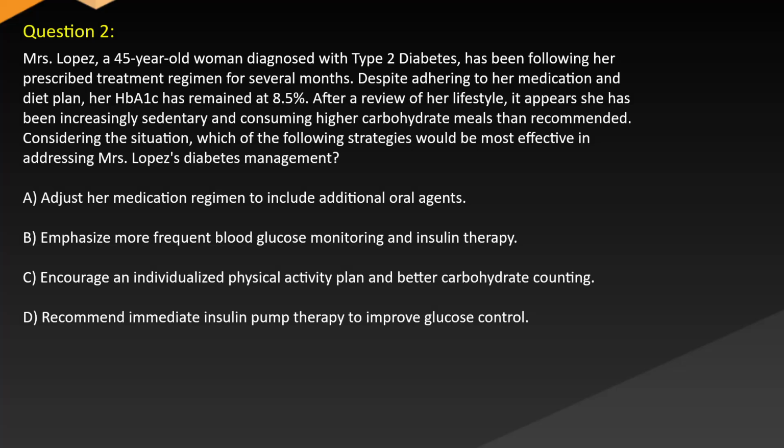Considering the situation, which of the following strategies would be most effective in addressing Mrs. Lopez's diabetes management? A. Adjust her medication regimen to include additional oral agents. B. Emphasize more frequent blood glucose monitoring and insulin therapy. C. Encourage an individualized physical activity plan and better carbohydrate counting. D. Recommend immediate insulin pump therapy to improve glucose control.